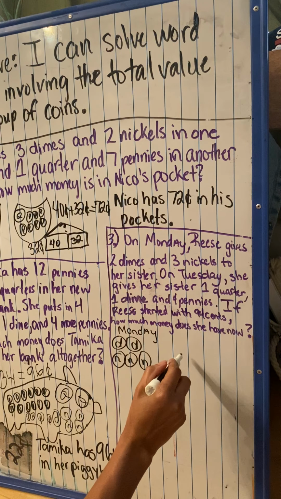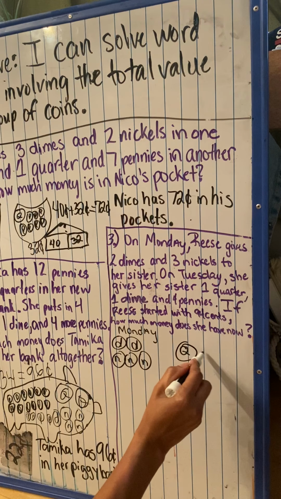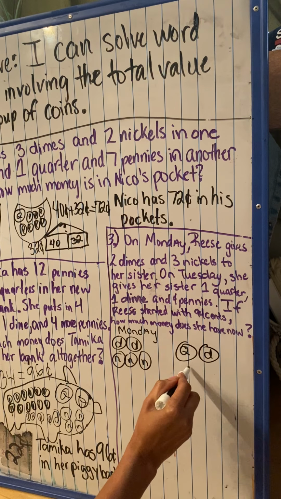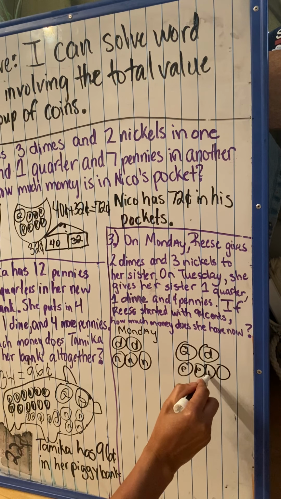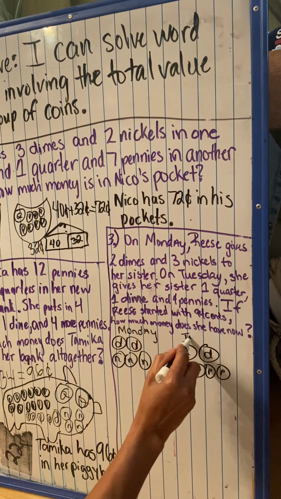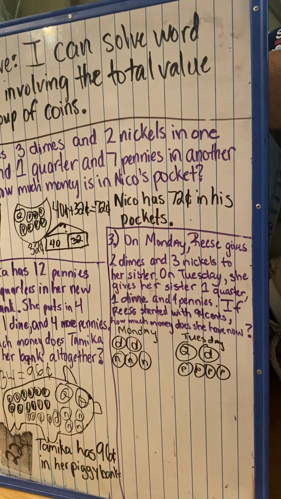And then on Tuesday, it says 1 quarter, 1 dime, 4 pennies. Here are Tuesday's coins. Okay, make sure you're drawing with me.